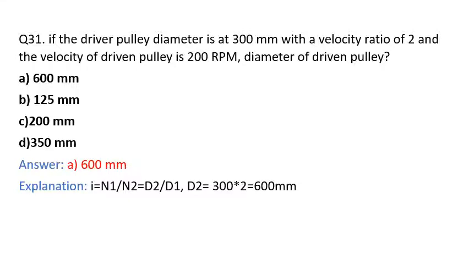Explanation: we know the velocity ratio I is equal to n1 by n2, which is also equal to diameter d2 by d1. So in order to calculate d2, we have to multiply I into d1, nothing but 300 into 2, which is 600 millimeter.